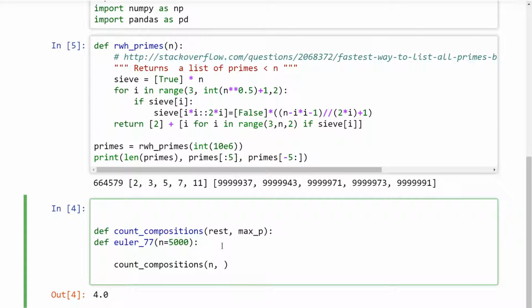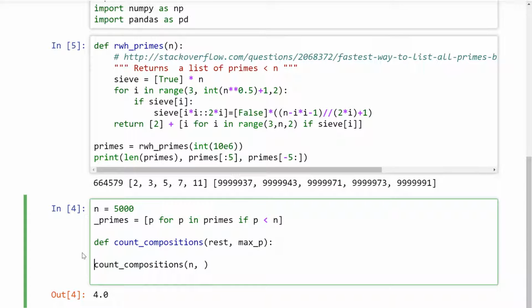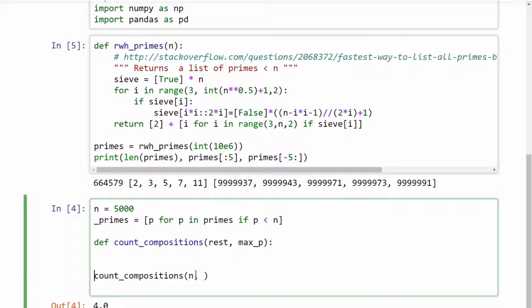Let's do subprimes, p for p in primes if p less than n. And let's just not bother with this separate function, just do it up here. Count compositions, and max p is simply primes minus 1, I guess.